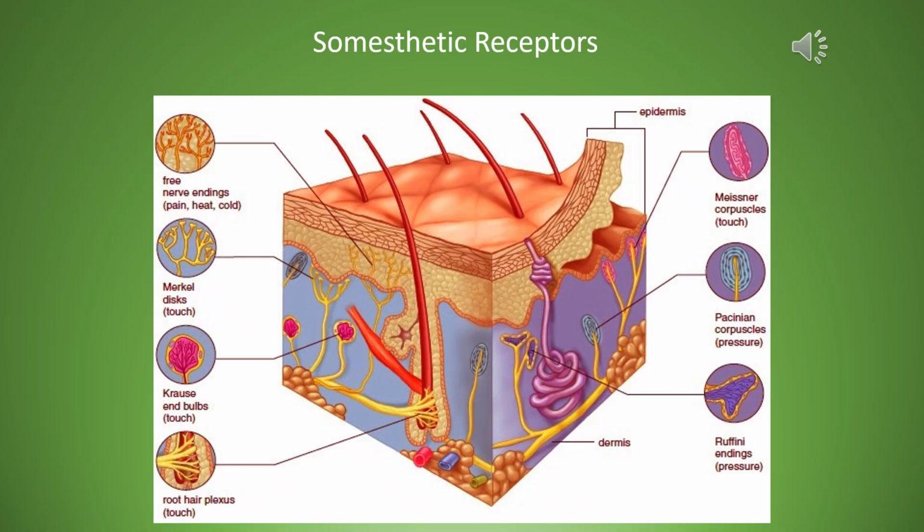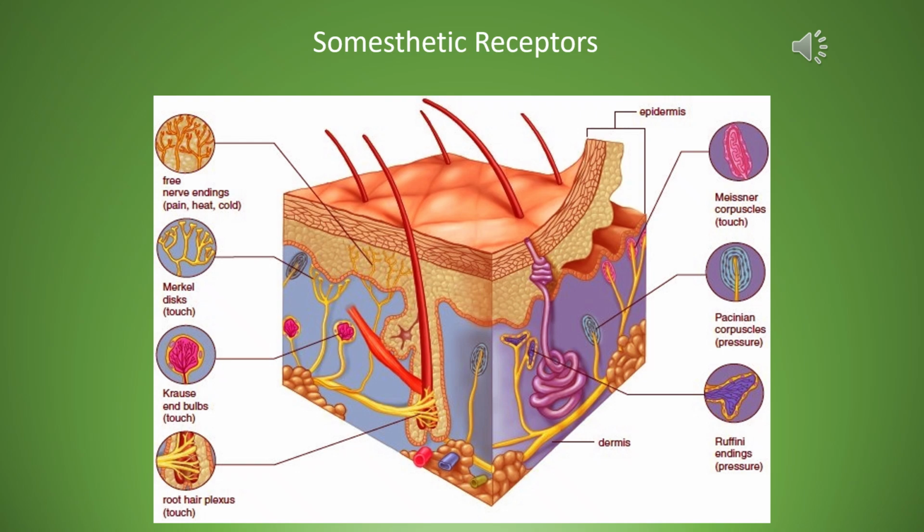Those are fine discriminative touch receptors. So free nerve endings and Merkel discs would be most superficial. The deeper we go, the less discriminative the sense becomes. So it becomes a sense of deep pressure or vibration as you go deeper and deeper.